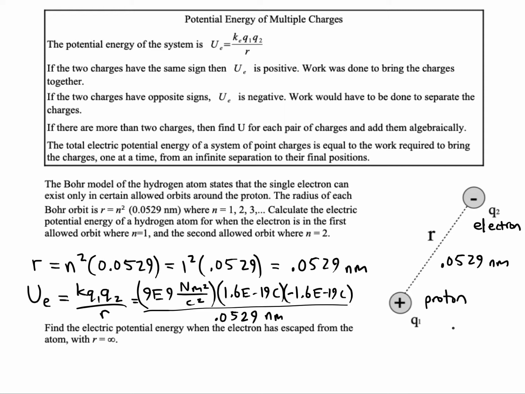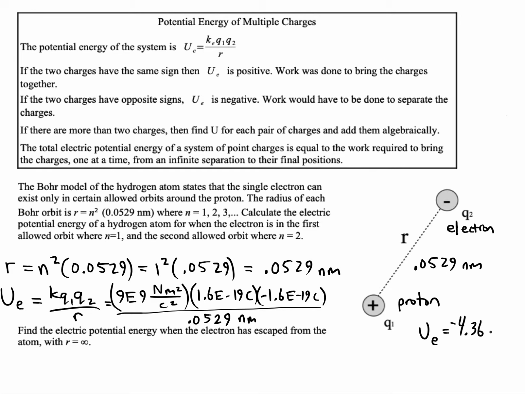All right, I'm getting that the electric potential energy here is negative 4.36 times 10 to the minus 18 joules.